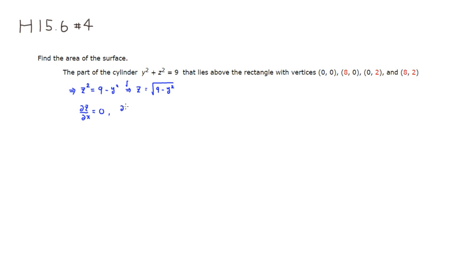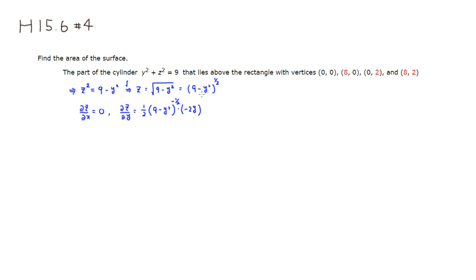And the partial derivative of z with respect to y: I'm going to rewrite it as the quantity 9 minus y squared to the 1/2 power. So put 1/2 in front, keep the inside expression as it is, subtract 1 from the power, and multiply by the derivative of the inside, which is negative 2y.